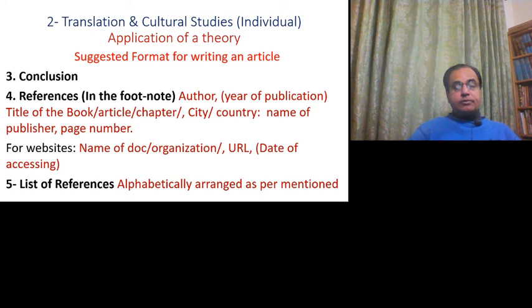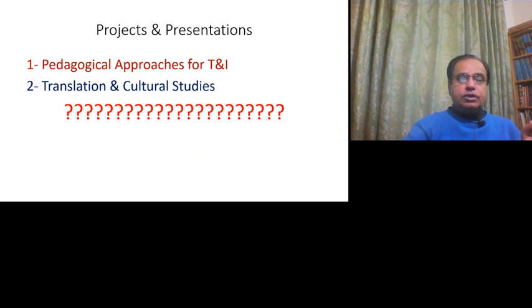At the end, you must provide a list of references that you have used inside the article, and the list should be alphabetically arranged as per the mentioned arrangement: author, year of publication, title of the book, article, chapter, city, country, name of the publisher. Of course, in the list of references, you will not write the page number because they are just the titles. So you shall only be doing this.